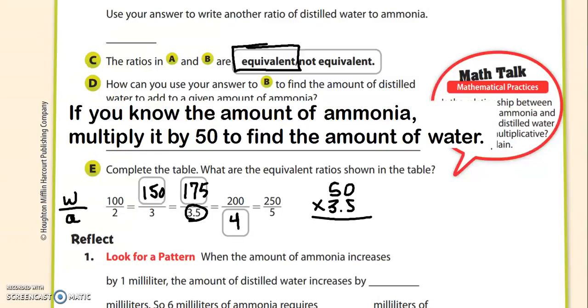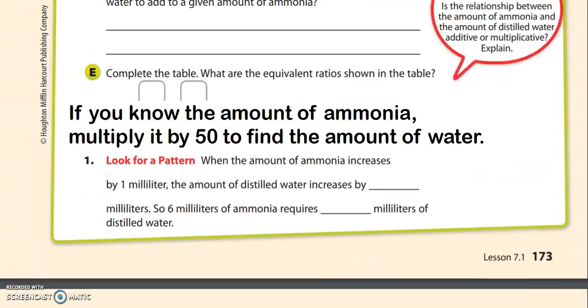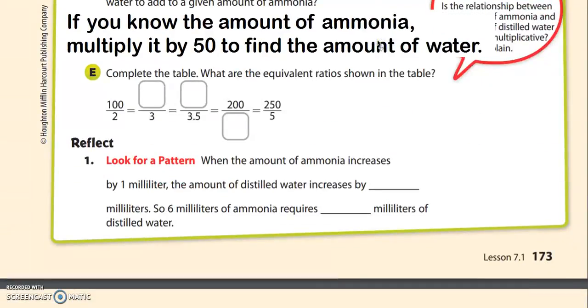All right, so reflect, kind of summarize what we talked about here. Reflect number 1 says, look for a pattern. When the amount of ammonia increases by 1, the amount of distilled water increases by, we already described that earlier, 50. So 6 milliliters of ammonia requires blank milliliters of water.